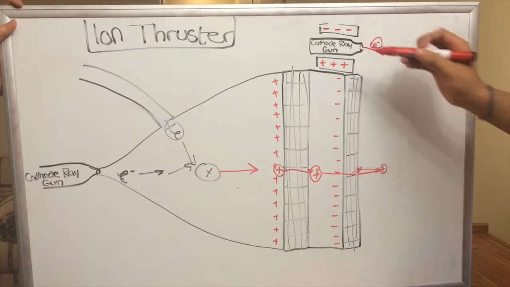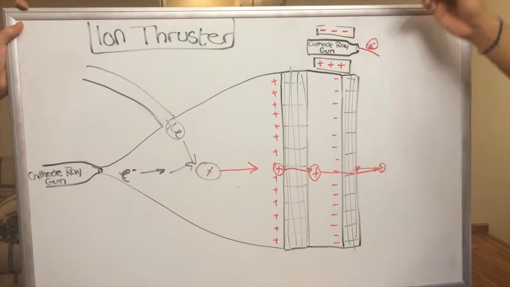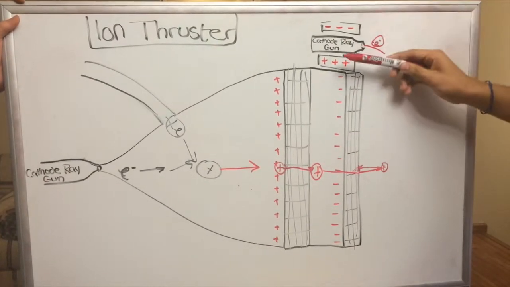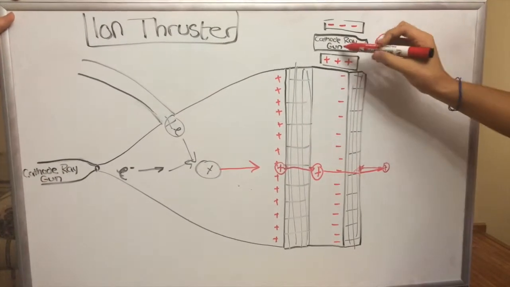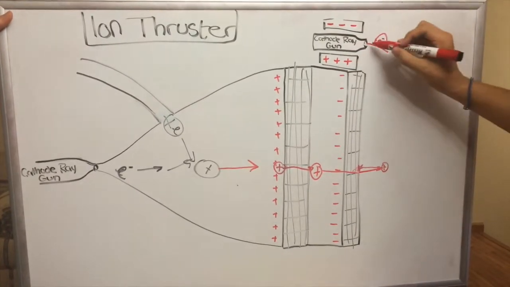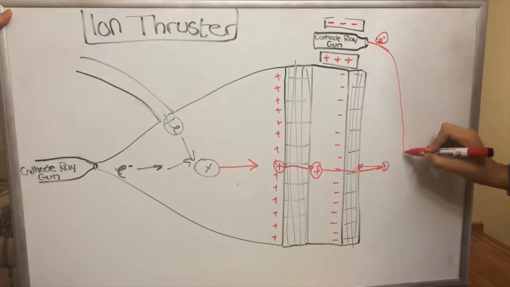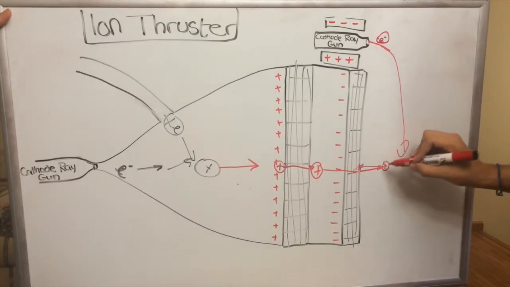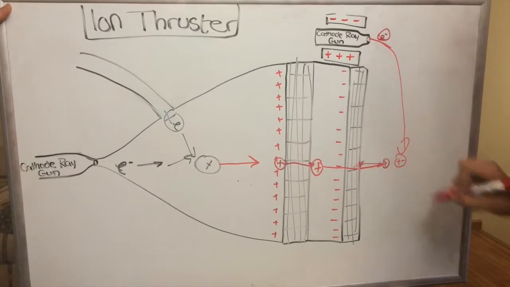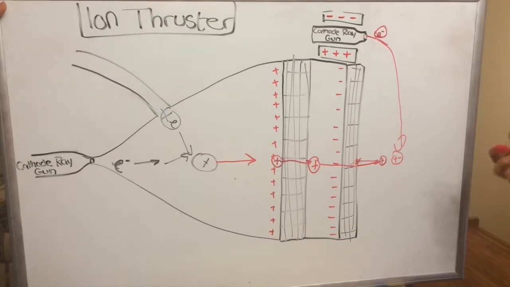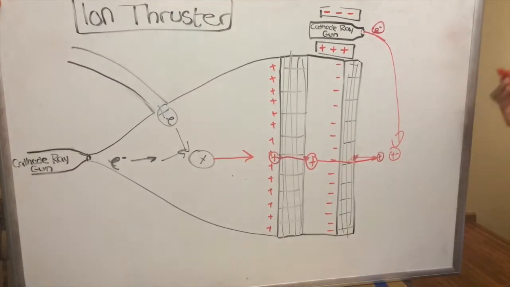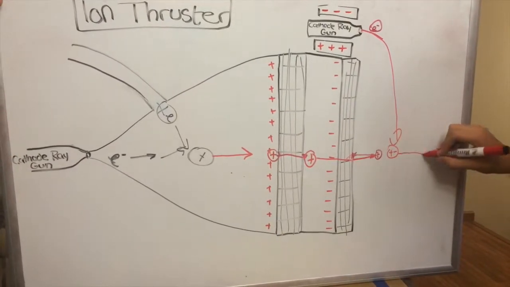Because we don't want that, we add a cathode ray gun here with a negatively charged plate on top and a positively charged plate on the bottom, and so this will shoot electrons, and since the positive charged plates here, it will bend this way, intersecting our positively charged particle here. And when they intersect, this particle will be neutralized, so it's not going to have any charge, and since it doesn't have any charge, it will not be affected by this plate, so it will just go this way.